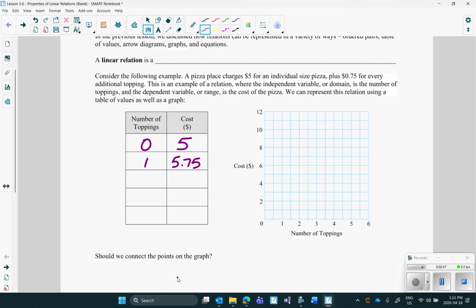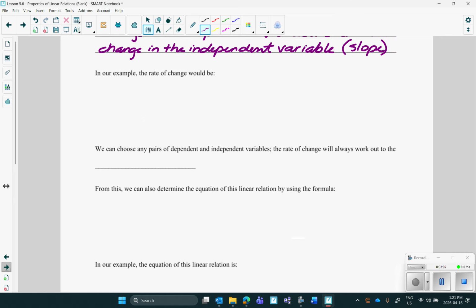What you do is find a change in one pair of y's divided by a change in a pair of x's. So I'm going to subtract this minus this over this minus this. So the rate of change would be 5 minus 5.75 over 0 minus 1. It's the same as finding the slope.